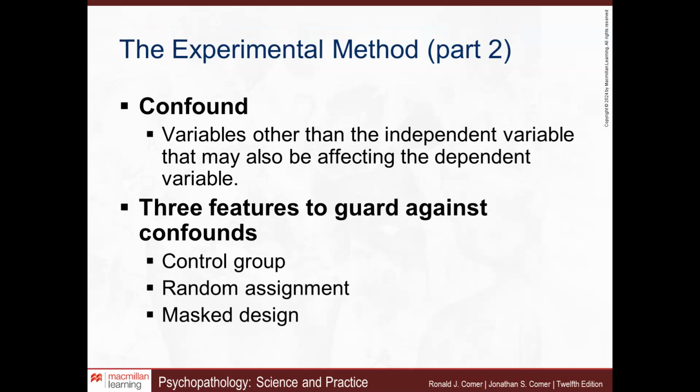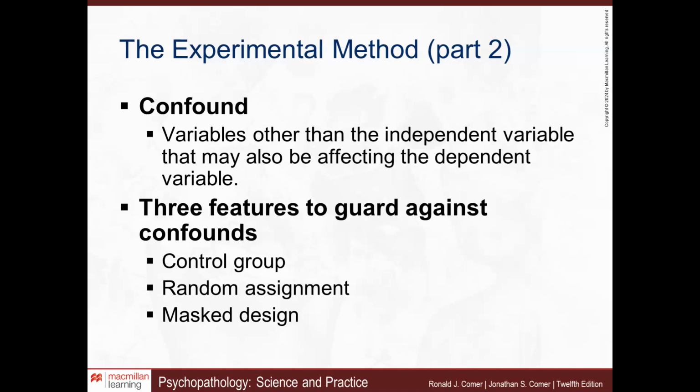As I mentioned earlier, a confound is a variable other than the independent variable that may also be affecting the dependent variable. There are three features to guard against confounds. There is what's called the control group.